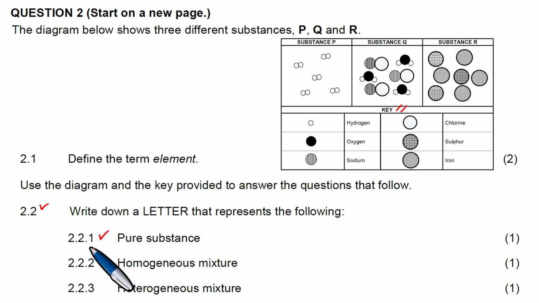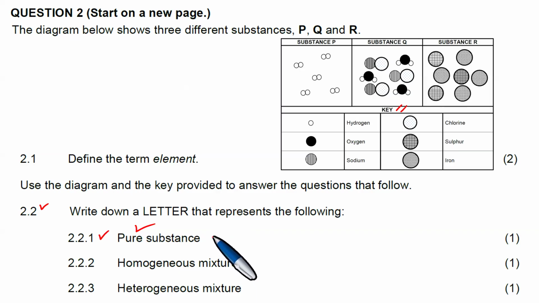Now remember that a substance is pure if it's not mixed with anything. Pure water does not have sugar, because once the water has sugar, it's not pure. Substance P is a typical example.